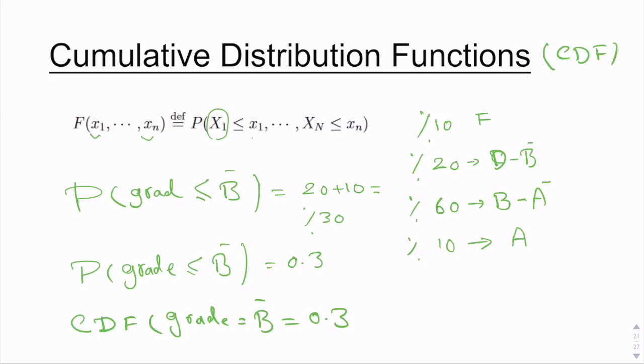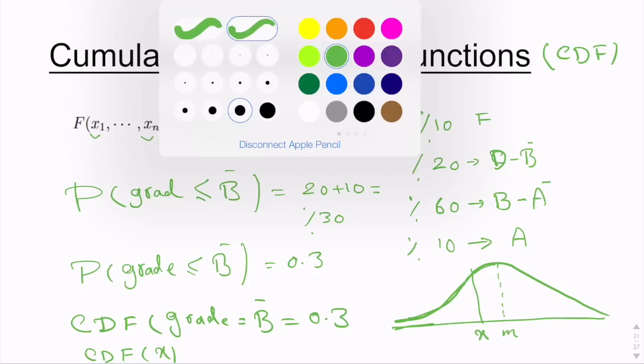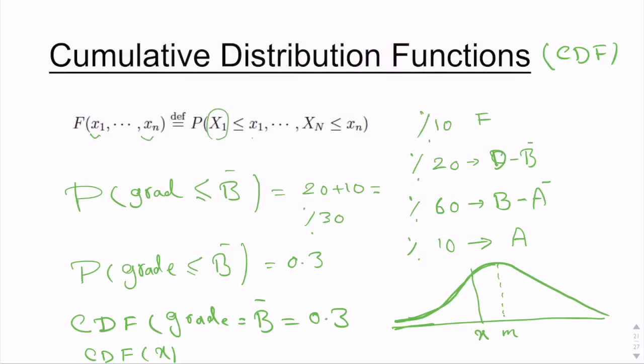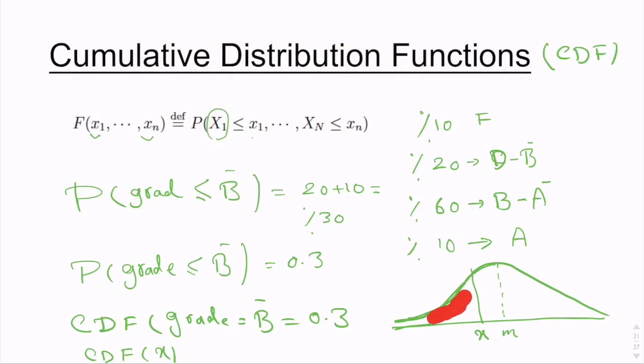Another way to show it is using the shape of a probability distribution. Let's say this is a Gaussian probability distribution. Here is the mean, and this is x. So the CDF at x is the area under the curve where the probability is smaller than x.